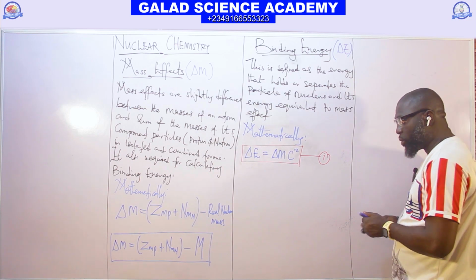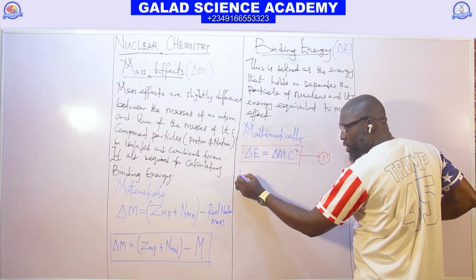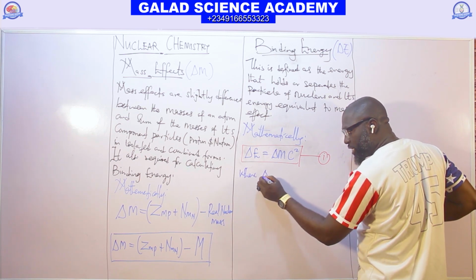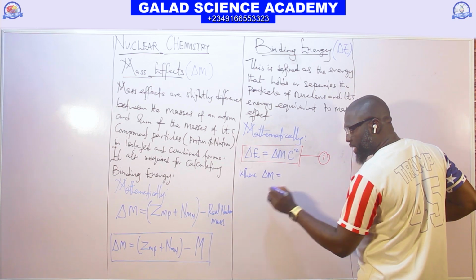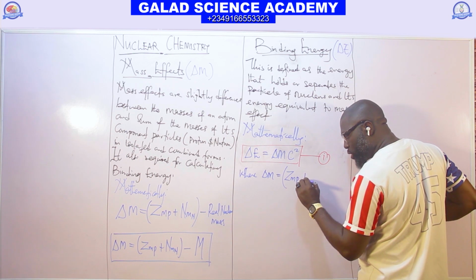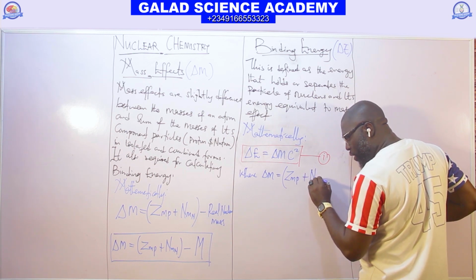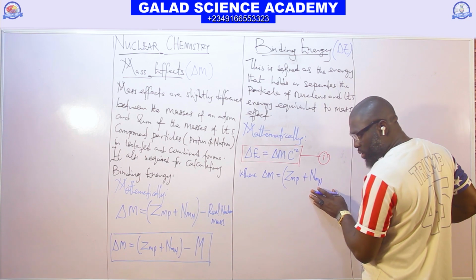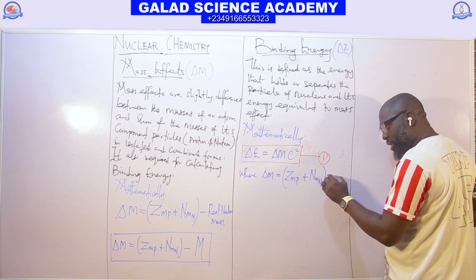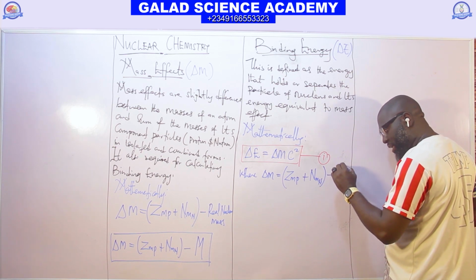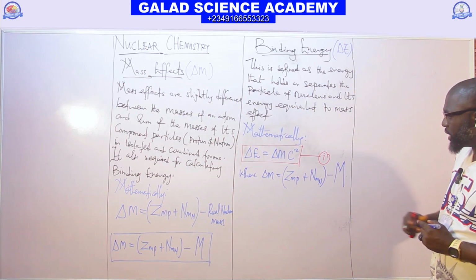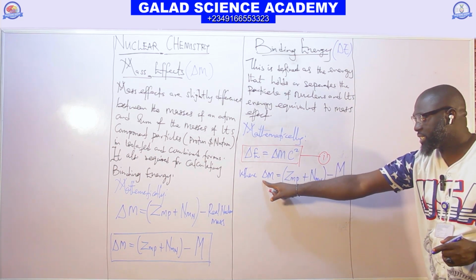And we can also say where ΔM is the total mass of protons plus the total mass of neutrons minus the real nuclear mass, which is M. So this is the mass defect.